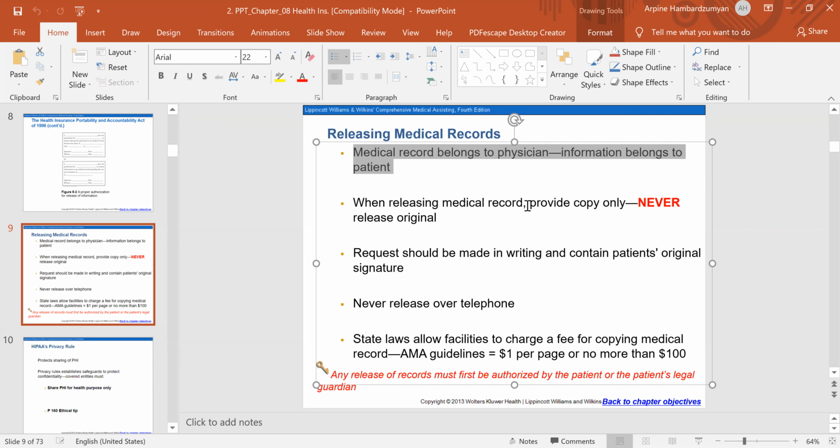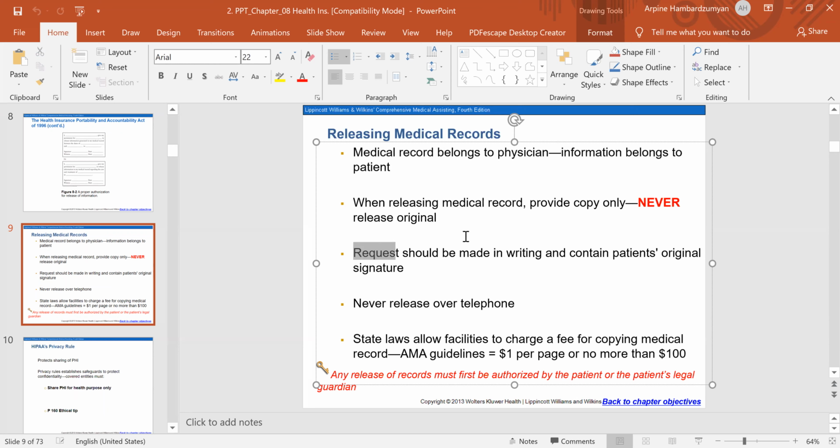Remember, if the patient comes and asks you to give them their lab record, their appointment information, give only a copy, never take out the original. The original goes only to court if a litigation process starts. The original always stays at your office.